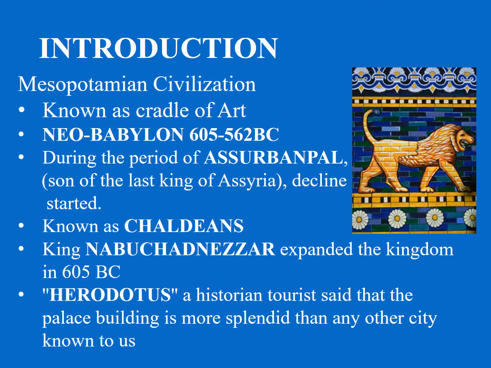Their king, Nebuchadnezzar, expanded the kingdom in 605 BC until it became an empire embracing much of Southwest Asia. He ruled for 100 years. Herodotus, a historian tourist, said that the palace building is more splendid than any other city known to us.